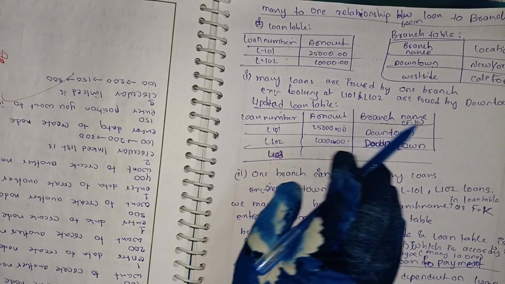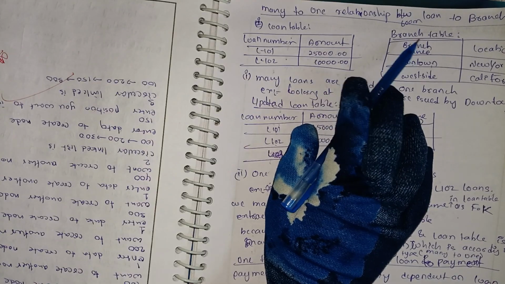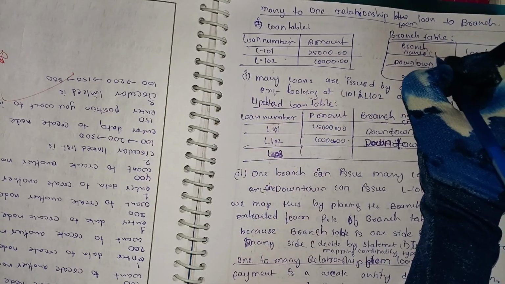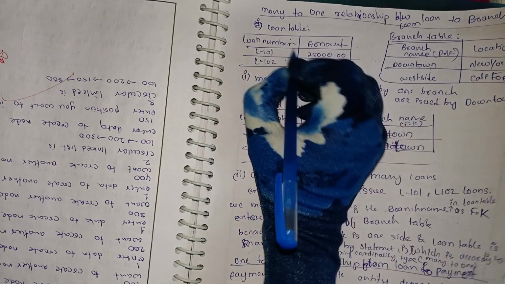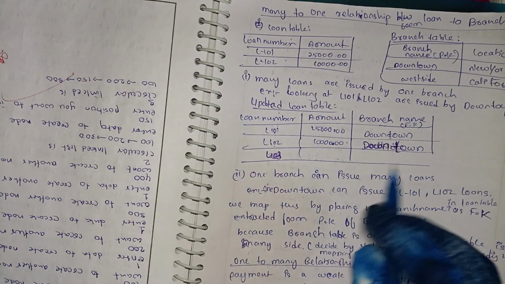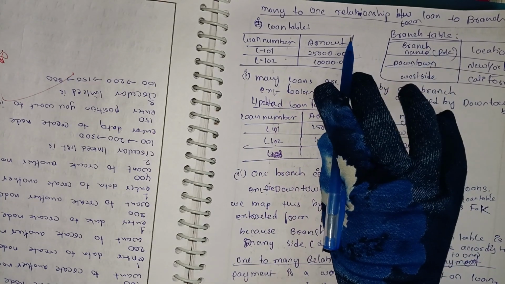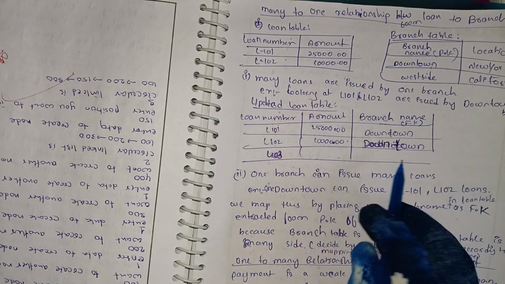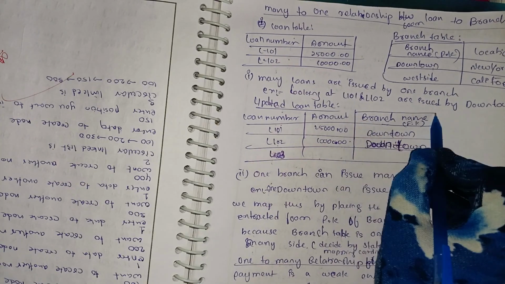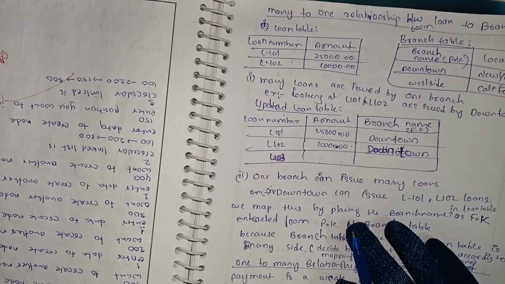This branch name is originated from the branch table, where it is a primary key. Means this primary key we are placing here so that the relationship is established.